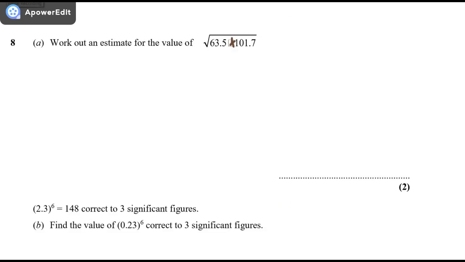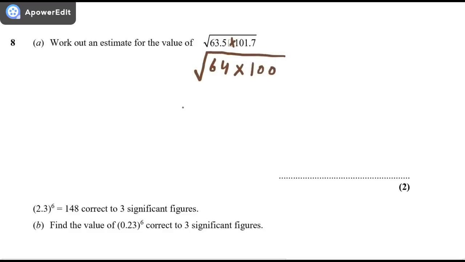Okay, in question number 8, we have to find the estimate of the value of 63.5 times 101.7. So we have to estimate it. I can estimate 63.5 as 64, because 64 is a square number, times 101, I can do 100 and square root it.